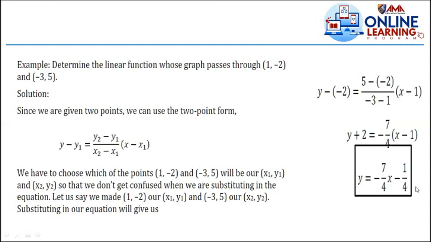So 4 divided by 1 is 4, times 2 is 8. So negative 8 plus 1, so this one should be equal to 7 over 4, not 1 over 4.